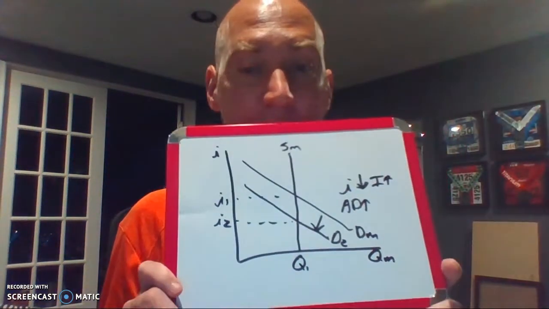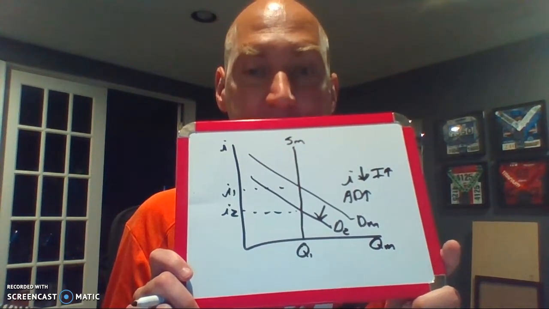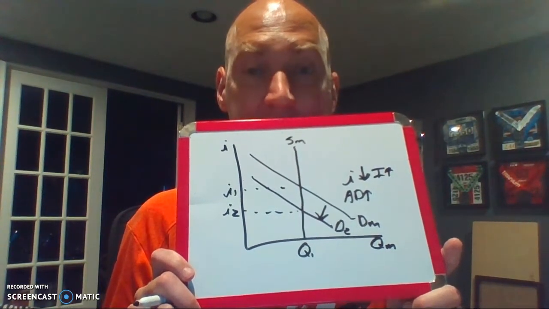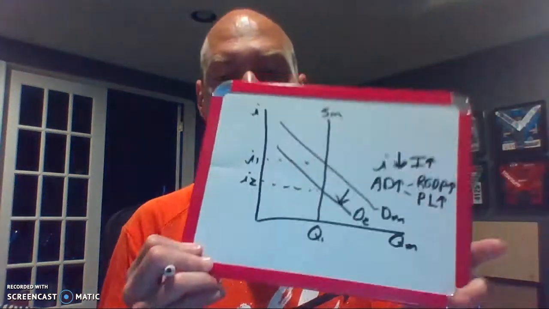If investment goes up, aggregate demand goes up. If we had a graph of the aggregate model right now, you'd show aggregate demand shifting to the right, because if any of consumption, investment, government spending, or net exports go up, aggregate demand goes up. If aggregate demand goes up, real GDP goes up, and the answer to this question, the price level goes up.